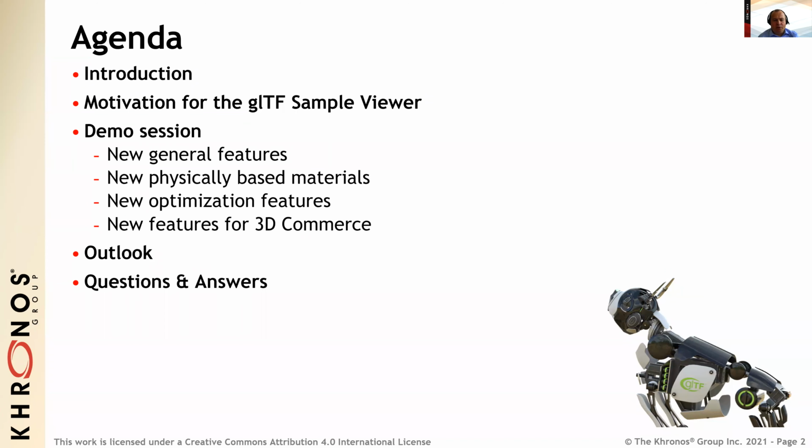I also picked the new optimization features, because it's an important feature of glTF. And last but not least, new features for 3D Commerce. 3D Commerce is a group at Khronos as well, which is also utilizing glTF to visualize products in real time. And glTF is one 3D format of choice.